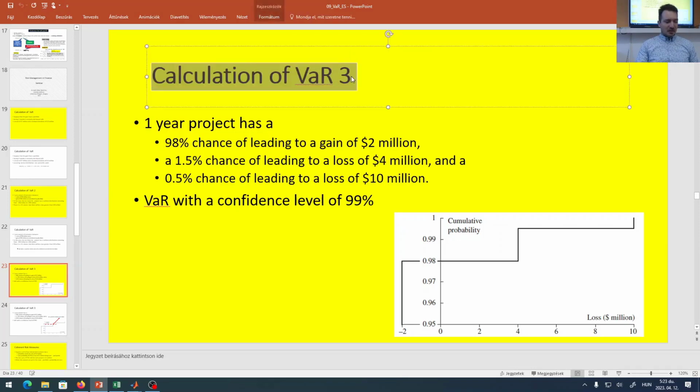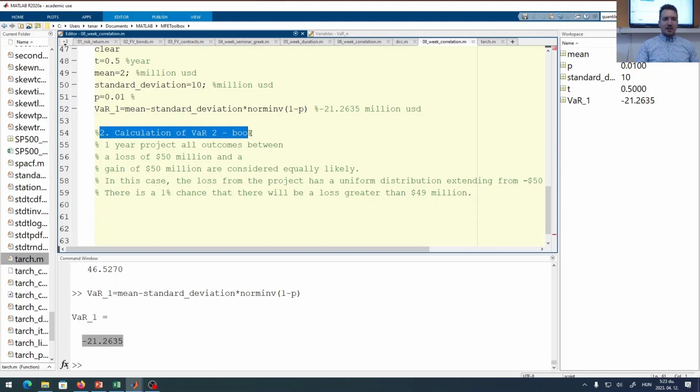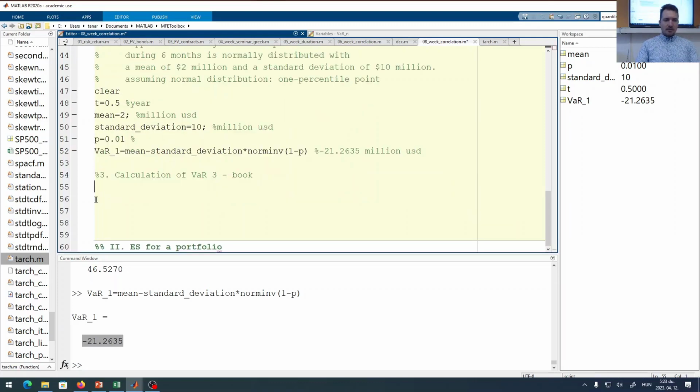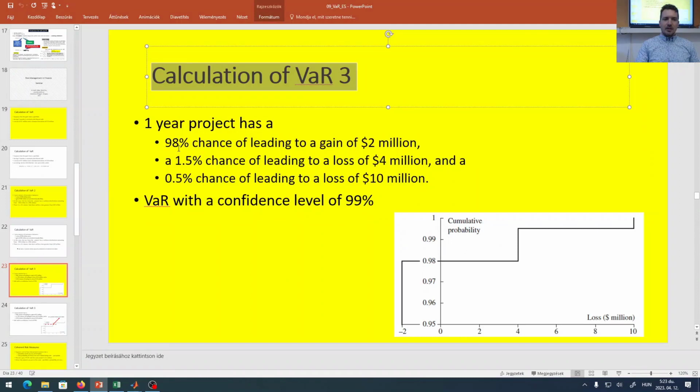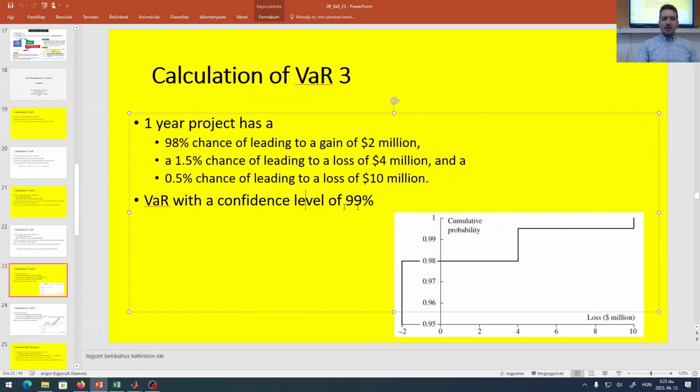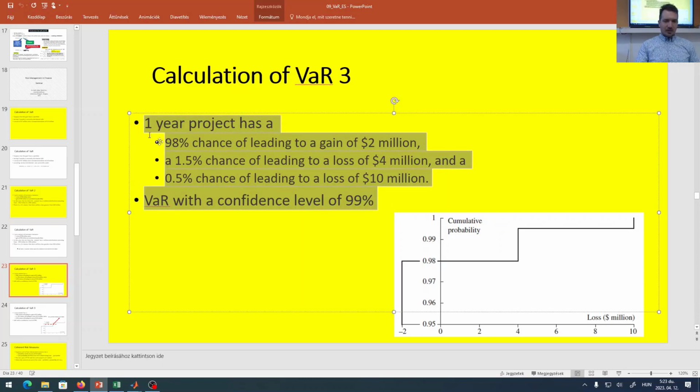So let's have the calculation for VaR 3, the third one. Still, this is not a normal distribution, so we can see that there is a really high chance to suffer 2 million in losses, and a really small chance to suffer even more, and a really small chance to suffer 10 million.